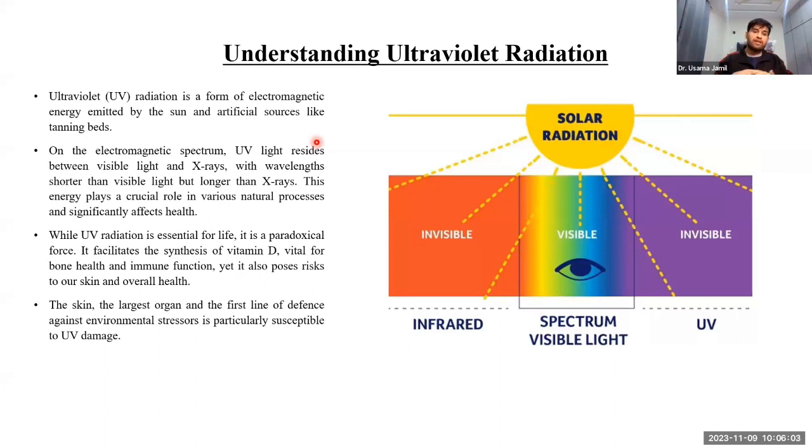On the electromagnetic spectrum, UV light resides between visible light rays and X-rays. So there is a spectrum, like a line of the wavelengths of light. For example, here lies the red light, here lies the UV light, and the next one lies the X-rays. We do not see the X-rays, and we do not see the UV radiation.